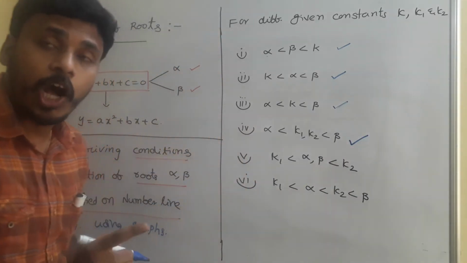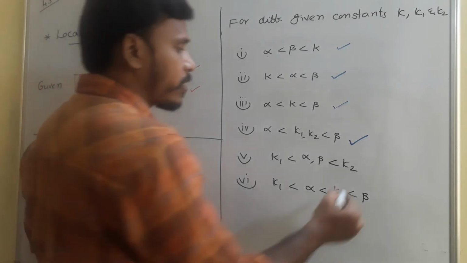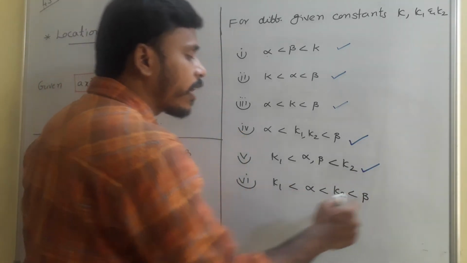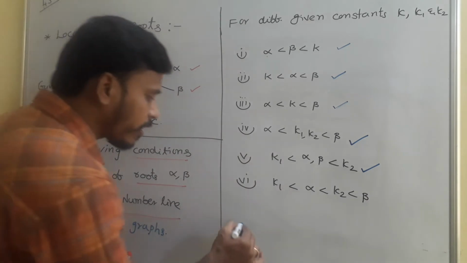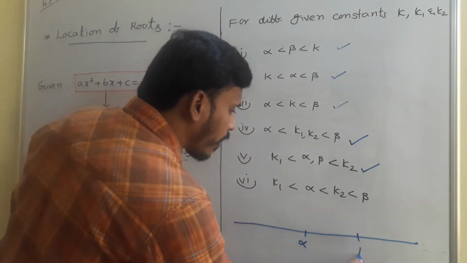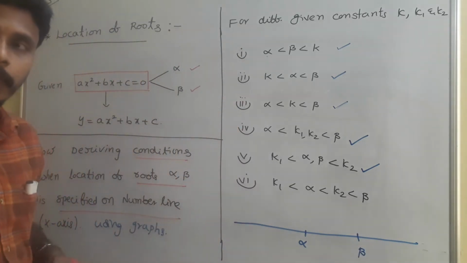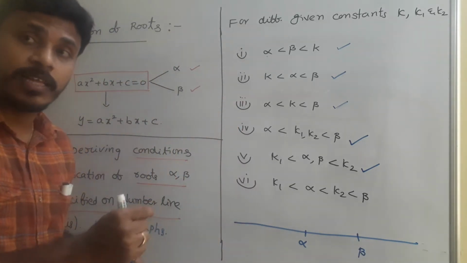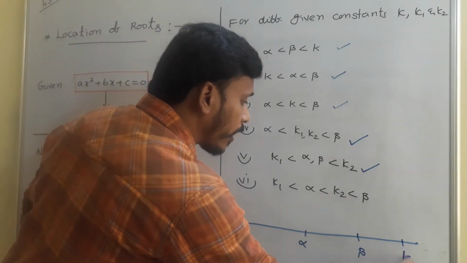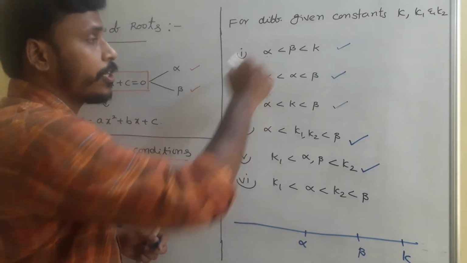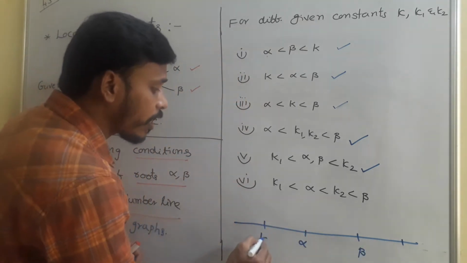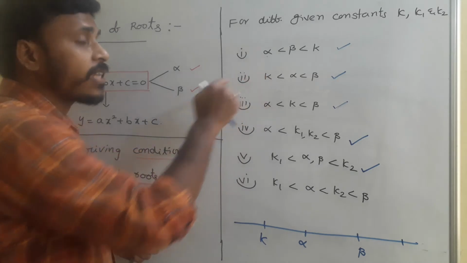And if alpha beta are in between those constants, k1 less than alpha less than beta less than k2, that is the fifth condition. Suppose this is the x-axis, and somewhere on the x-axis alpha beta will lie. If the question says k is a number on the right side of alpha beta, this is the first condition. If k is a number on the left side of alpha beta, that is the second condition.